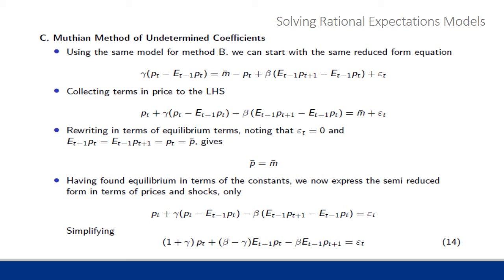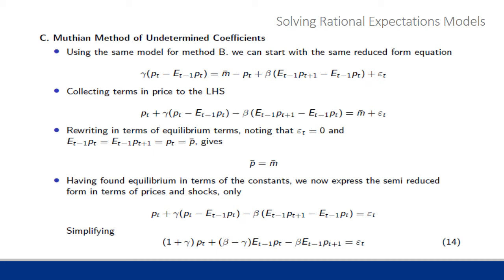And we begin with the same reduced form that we had in method B. Gamma (p_t minus E p_t), that's the right hand side of the aggregate supply relation, is equal to the right hand side of the aggregate demand relation.